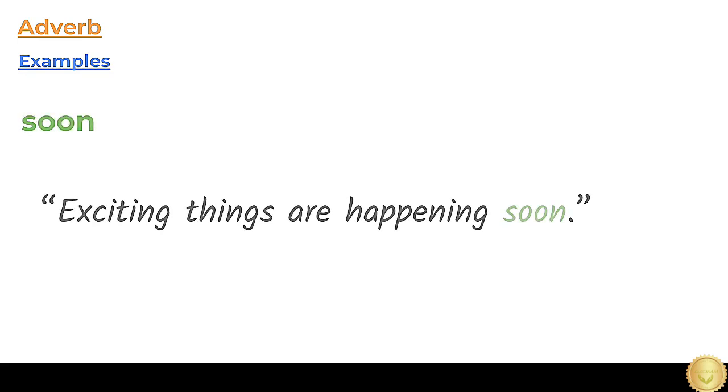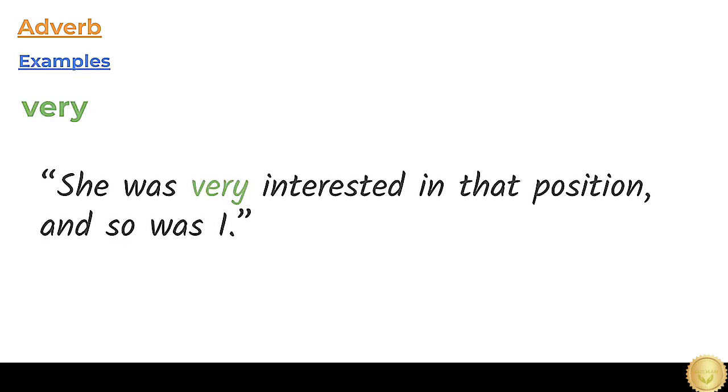Soon is another example. Exciting things are happening soon. So again, we've used this happening here in another form. So how quickly something is happening. Very is a popular adverb. It's used in a lot of different situations.